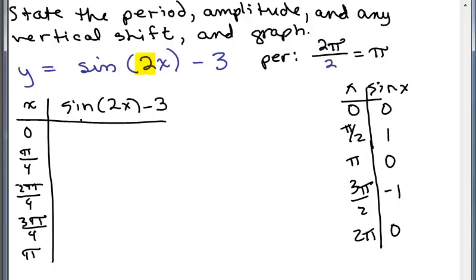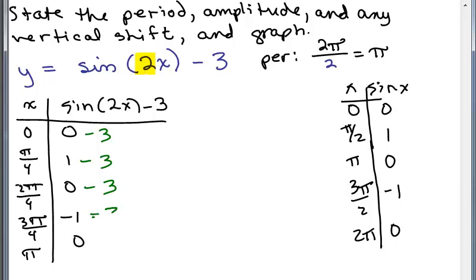What happens this time? Well, if it was just the sine of 2x, since we changed our x values, we would have just been able to keep 0, 1, 0, and negative 1. But this minus 3 means I'm going to have to subtract 3 from all those y values. So instead of 0, 1, 0, negative 1, and 0, I'm going to have to subtract 3 from each of these.